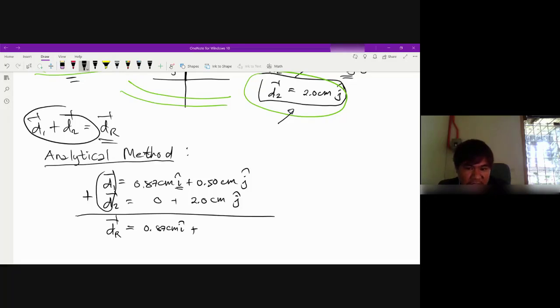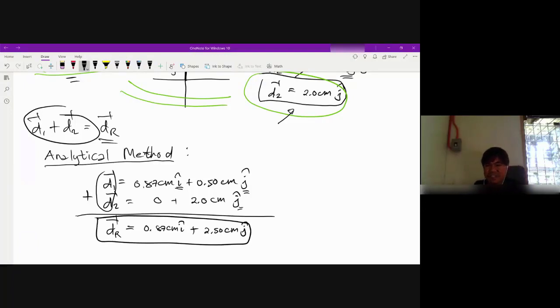Then add the y components: 2.50 cm j hat. That's the answer, the resultant vector.